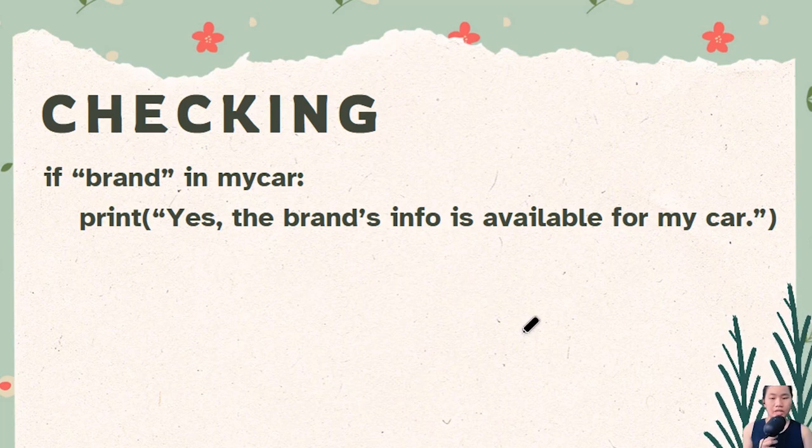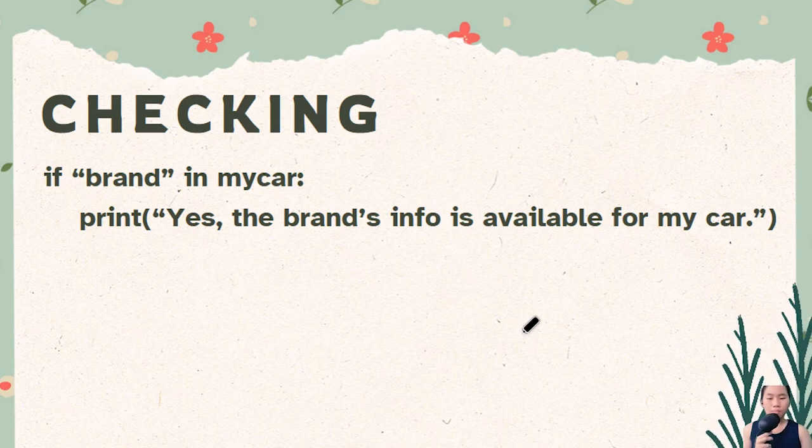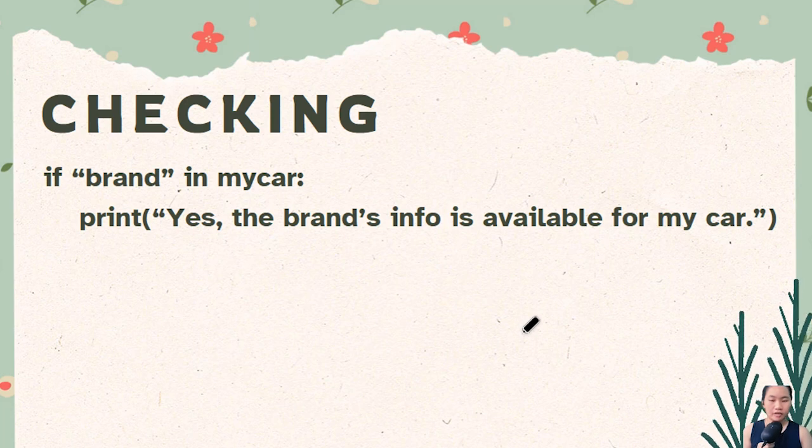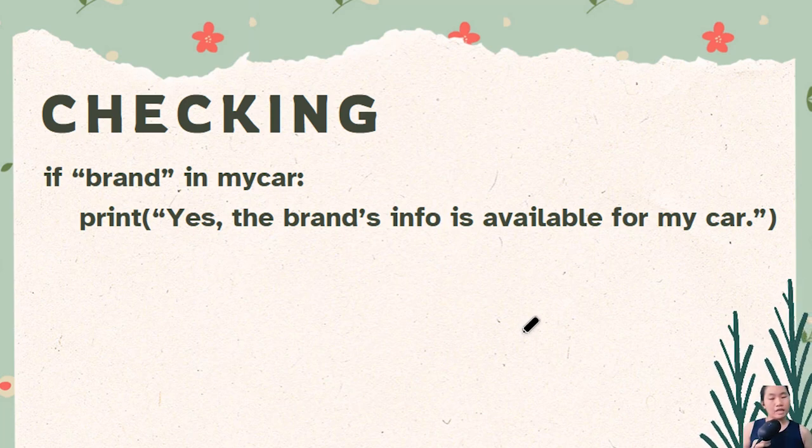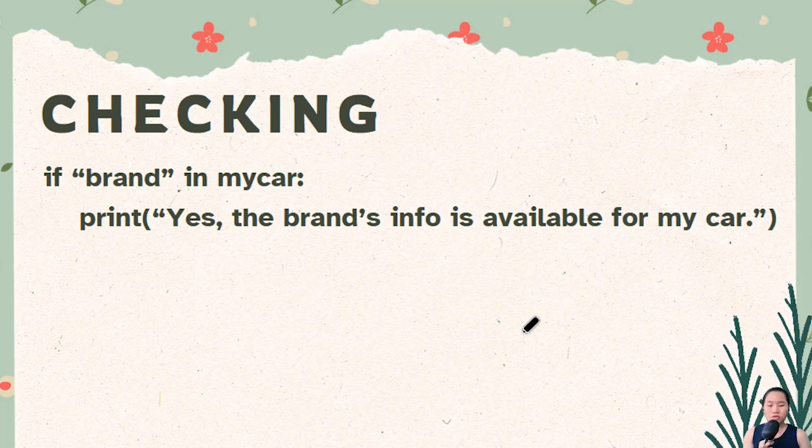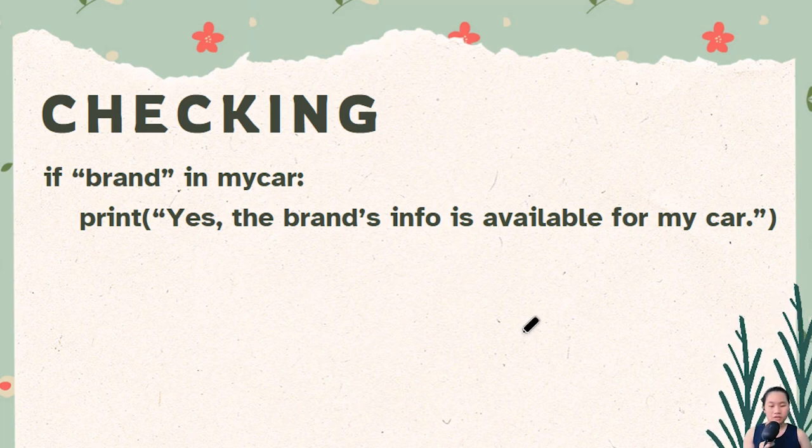If brand in the dictionary my car, print, yes, the brand's info is available for my car. So you don't need to write like if brand equals true or anything like that. If it exists, it's true. If it doesn't exist, it's false.